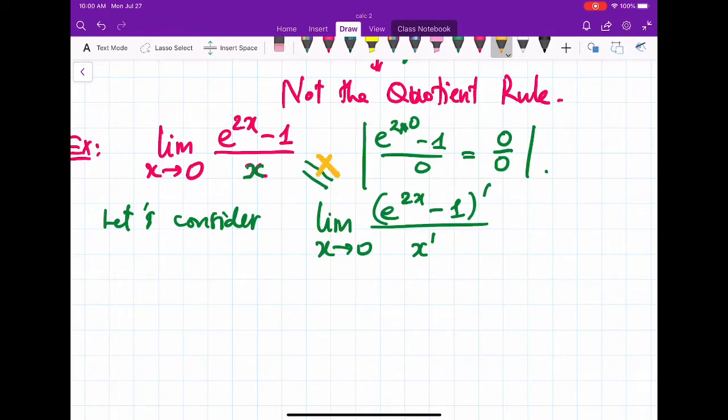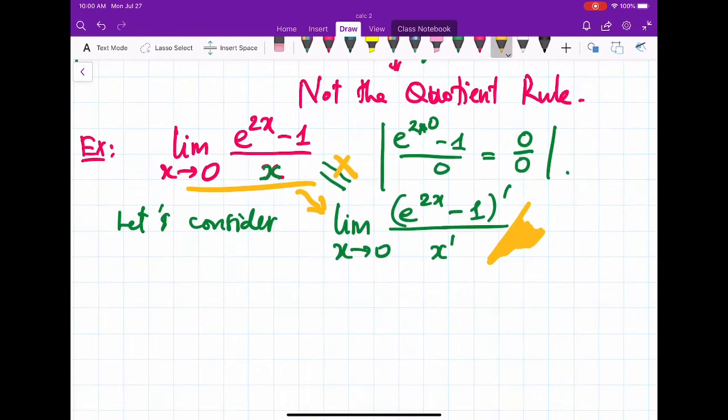We don't have the right to do that. The L'Hopital rule says these two limits are equal if this limit exists. Don't forget that. So we need to consider the limit of the quotient of derivatives first. If the limit exists, we say yes, by the L'Hopital rule, the original limit equals this. Does that make sense? So I don't write this limit equal to this right away.